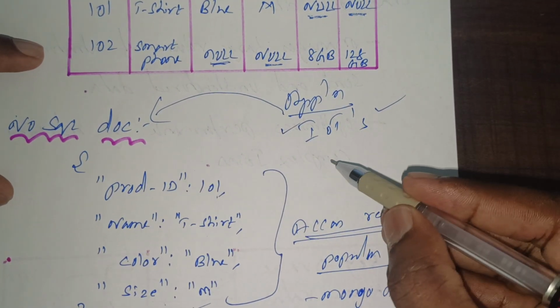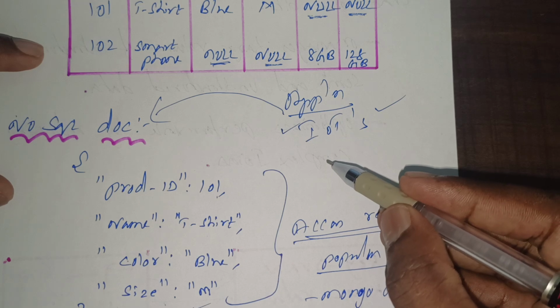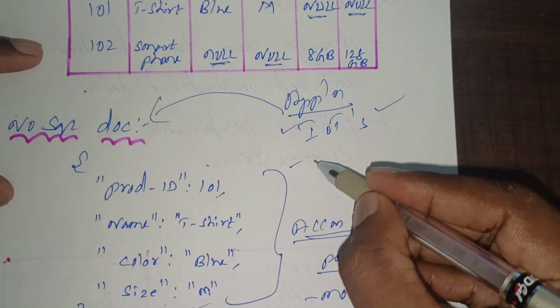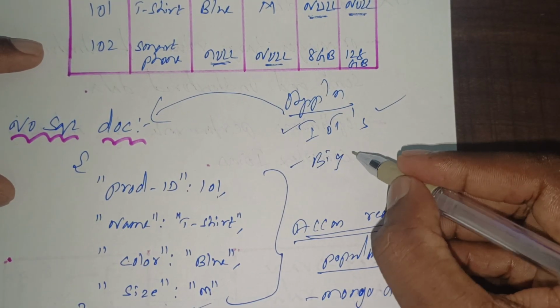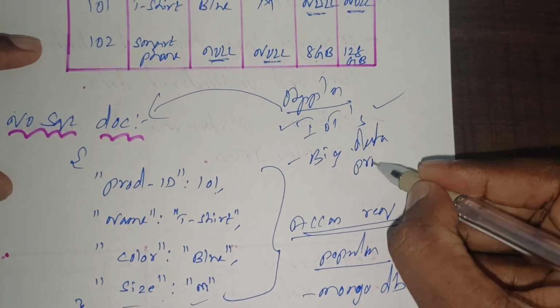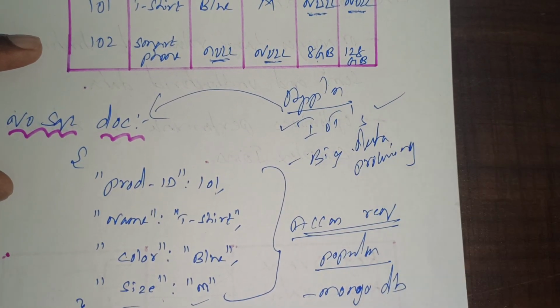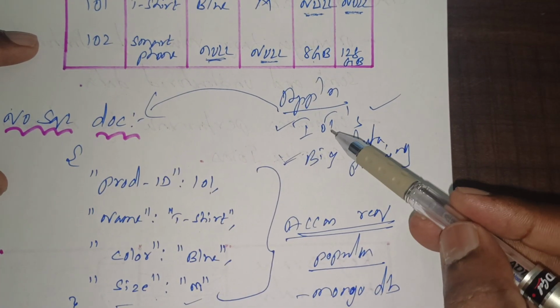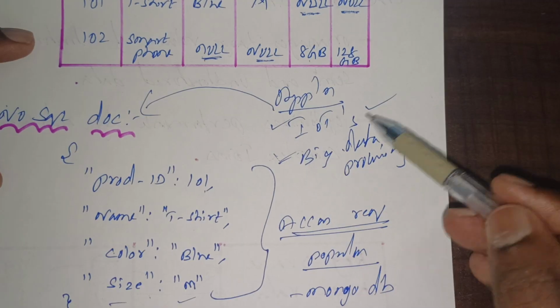And one more thing I can catch up on over here is big data processing. I am targeting all the possible scenarios in this market. First I told you IoT, now I am pointing to big data processing.